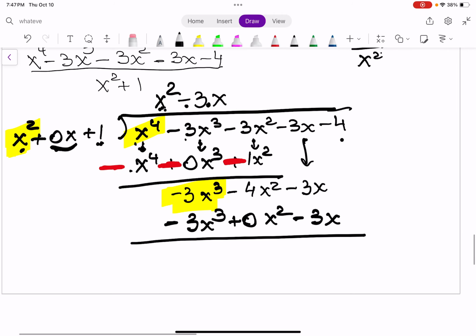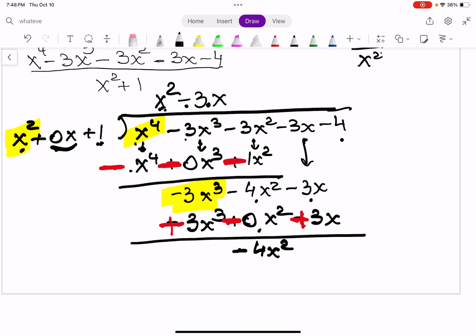Okay. Subtract them. In other words, change all these signs. Okay. So, negative 3x cubed plus 3x cubed is nothing. Negative 4x squared minus 0x squared is negative 4x squared.